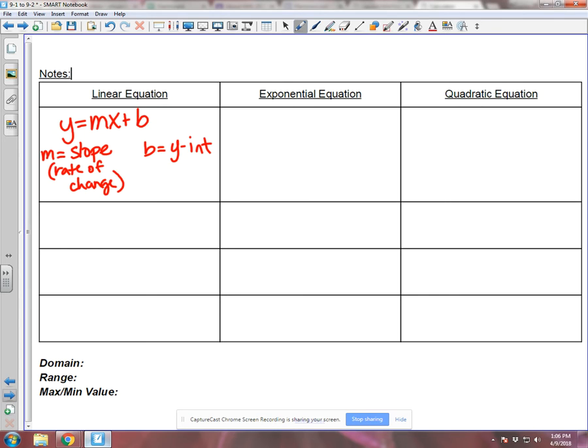When do we use linear equations? What do those show? Yes, it's going to make a line, but how do I know to use them? You better get out your notes from the other day and look at it. What do linear equations show?